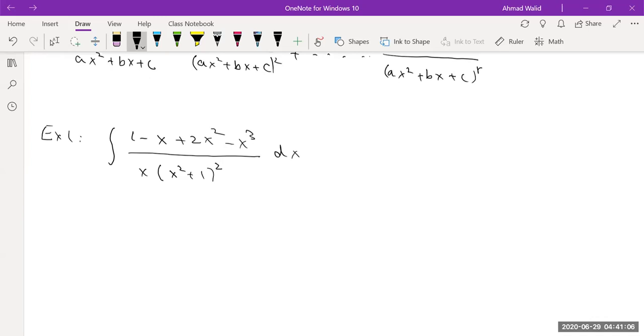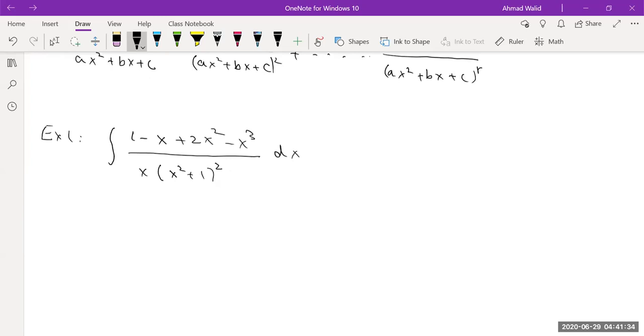Here you see your denominator has a repeated irreducible quadratic factor, correct? If I have x squared plus 1 squared, it means on the right side, one of the denominators will be x squared plus 1, the other one will be x squared plus 1 squared, and the other one will be x, correct?